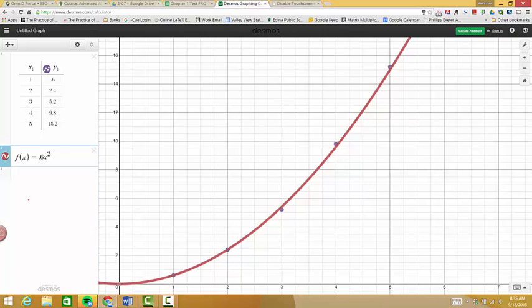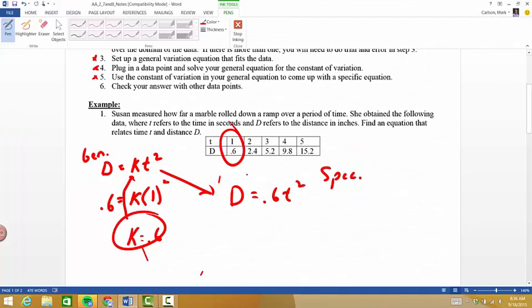You'll notice that those points aren't exactly on the line, but they're very, very close. So it looks like we've come up with a pretty good model for our data. What this tells me is that this equation right here would be the model for the data that we have above.